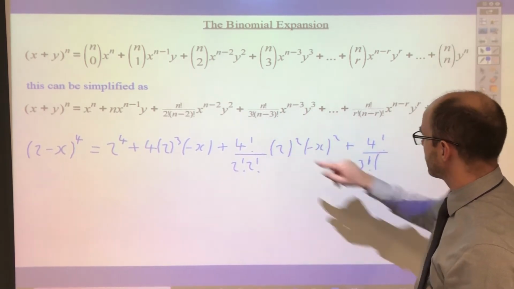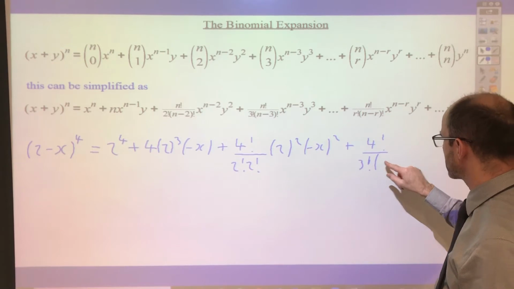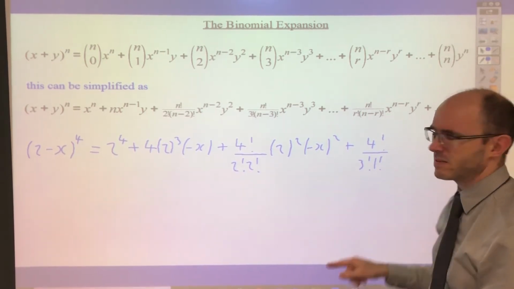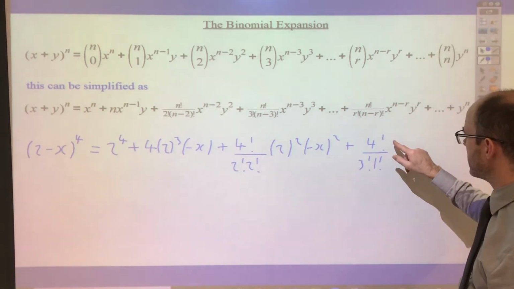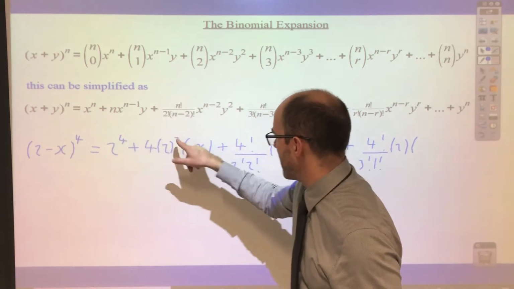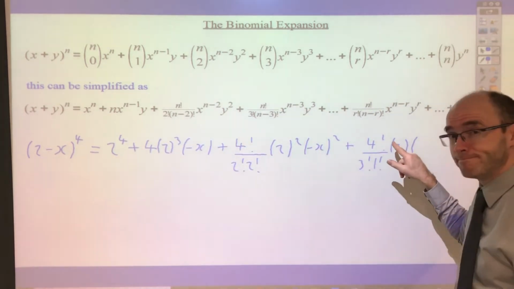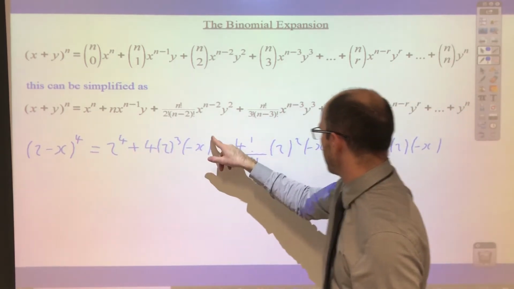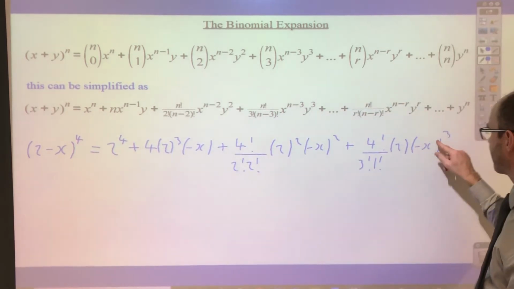And then that's going to be 4 subtract 3, 1 factorial. Because it's just 1 factorial, I'll just write it like that, 1 factorial, okay. And then you've got 2, that's going to be power 4, power 3, power 2, power 1. And then the negative x is going to be power 1, power 2, power 3.